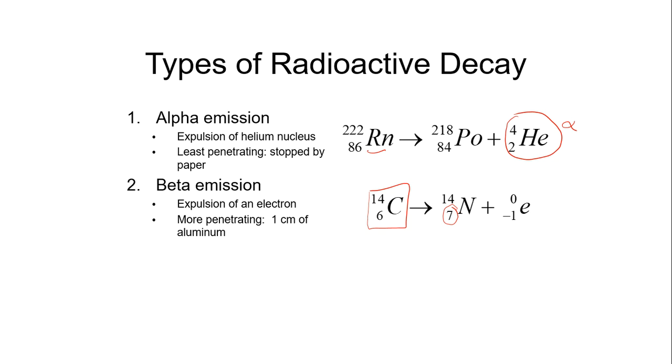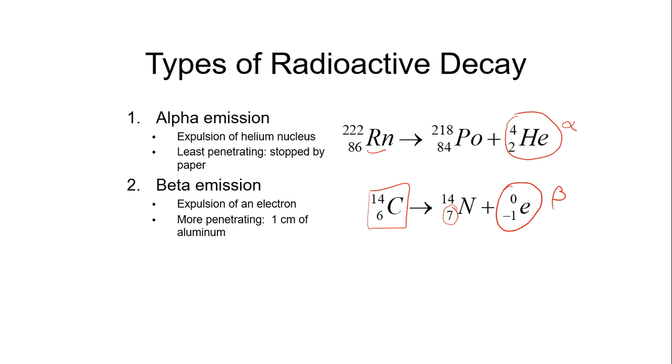In this transition from a neutron to a proton, an electron is created, and so the electron is expelled away from the nucleus. This is your beta particle. So beta emission is one neutron turning into a proton, atomic number goes up by 1, but the mass number stays the same, and the result is the creation of an electron.